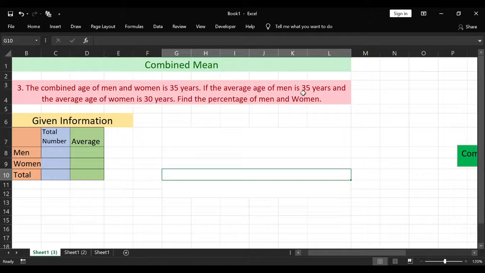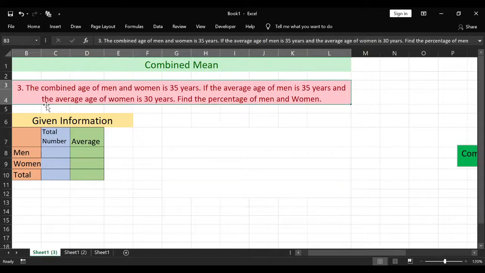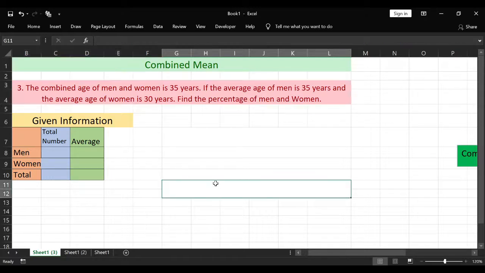If the average age of men is 35 years and the average age of women is 30 years, find the percentage of men and women. So this is the same as our previous problem. Hope you can do this problem. Try this problem at home.